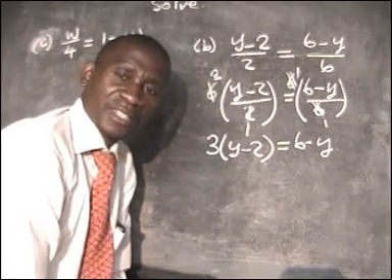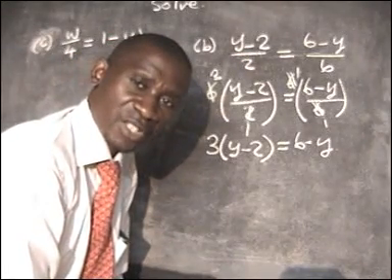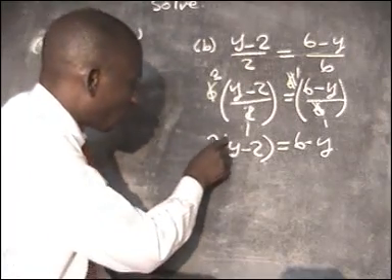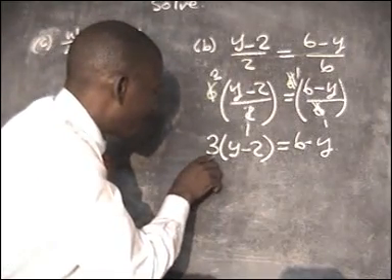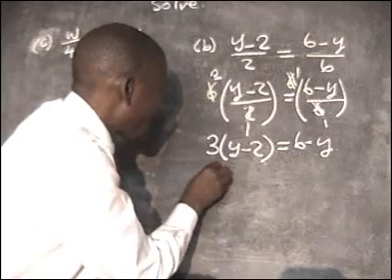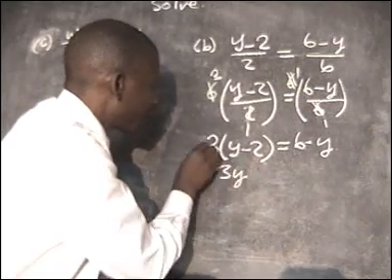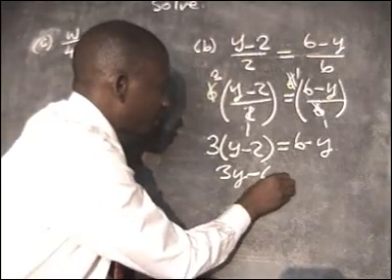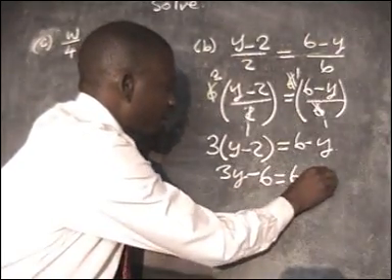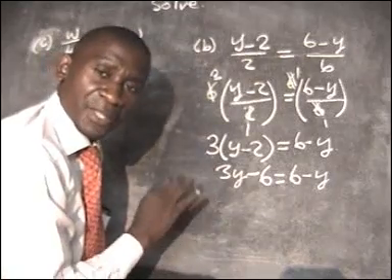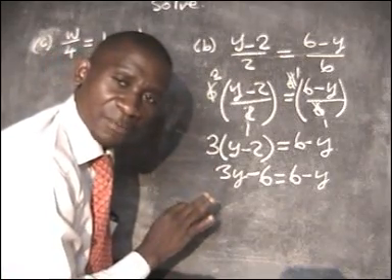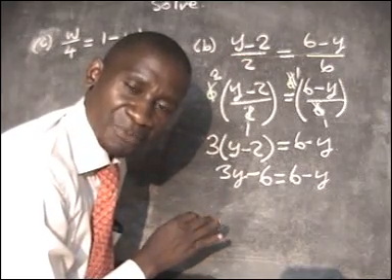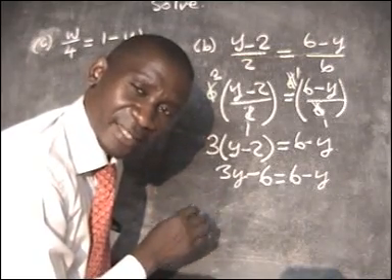At this point, this is the equation which should be solved to get the value of y. Because of the brackets, I open them: 3 multiplied by y gives 3y, and 3 multiplied by negative 2 gives negative 6, equals 6 - y. Then I have to collect the like terms, and I should not forget the rule that whichever term crosses the equal sign, the sign changes.